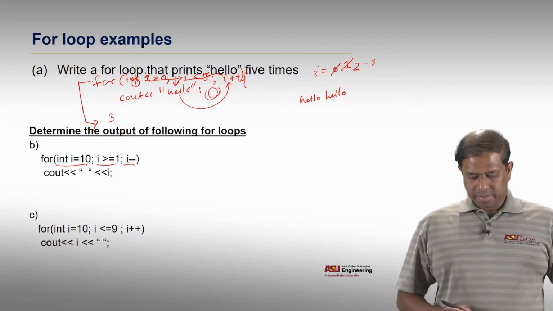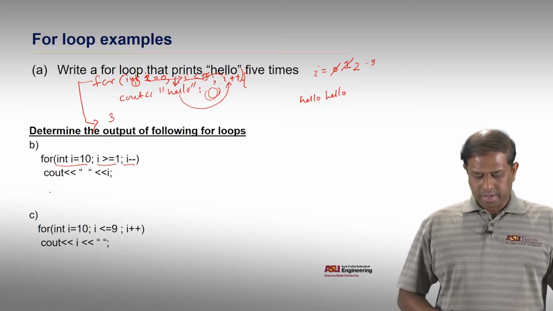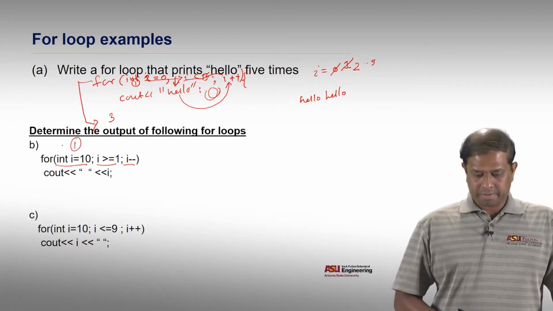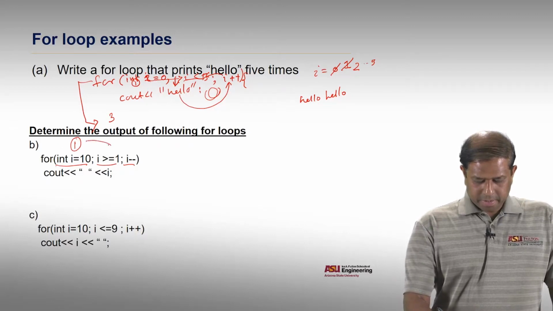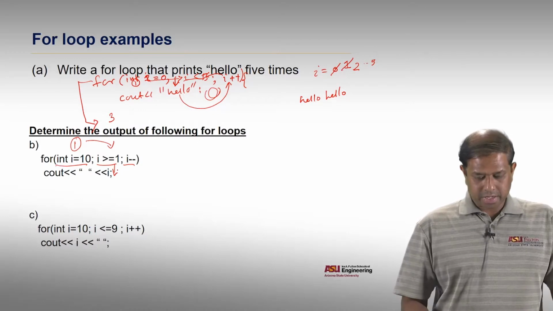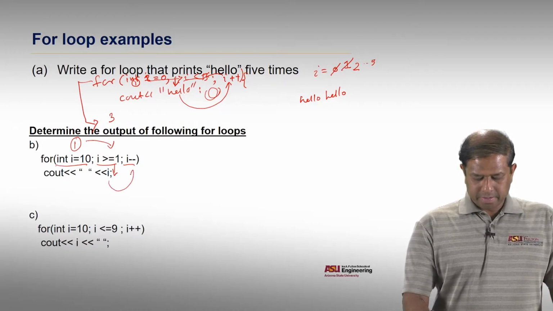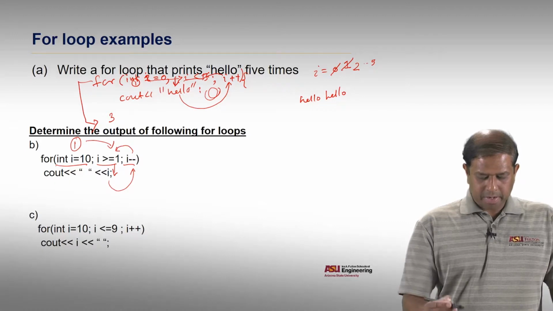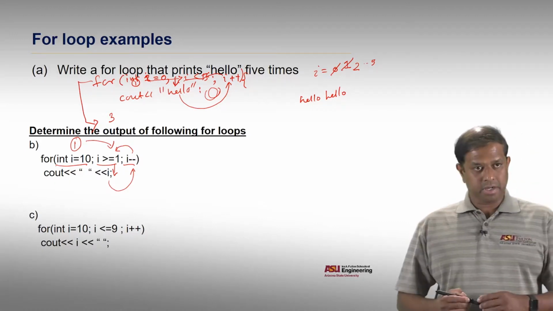During the process, we are displaying that i. We know that the initial statement will be executed for the first time, and then we come to the condition check. If the condition check is true, we go inside the loop, and after executing it, we come to the update statement. After the update statement, we are coming back to the condition check, right? That's pretty much the loop.